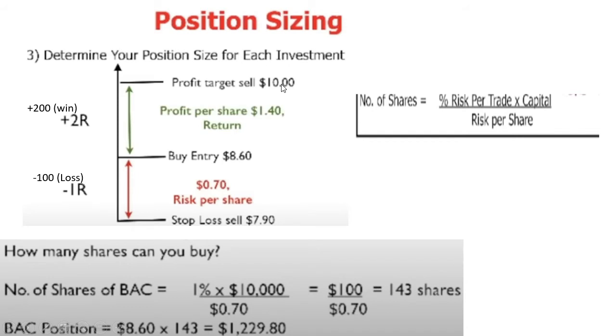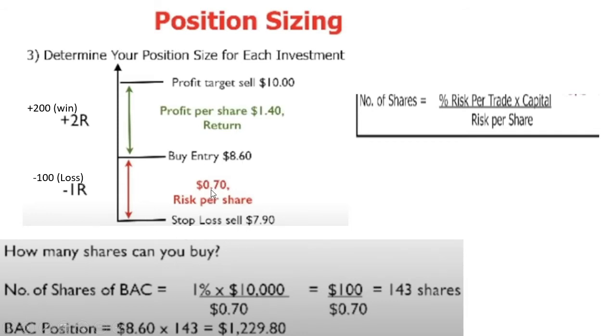Now, why did we put our profit target at $10 and why did we put our stop loss at $7.90? I'll explain. If our stop loss is at $7.90, if you take $8.60 minus $7.90, there's 70 cents of risk per share that we buy, right?